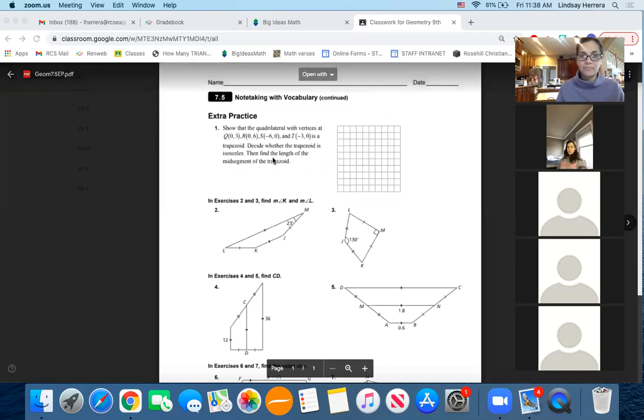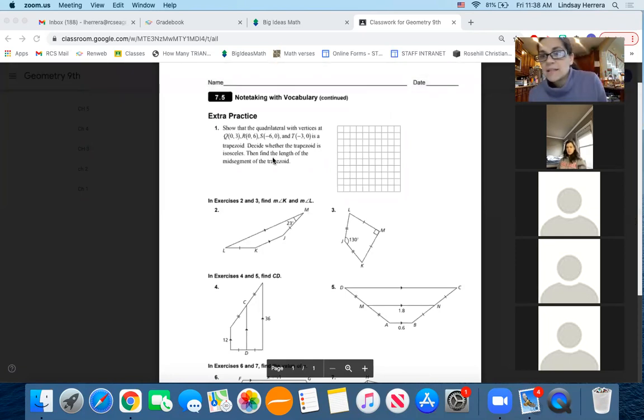Yeah. Okay, great. All right, so now let's look at number 2. Number 2 says in exercise 2 and 3, these are going to be way faster, by the way. Find the measure of angle K and the measure of angle L. Okay, so let's look at 2. We have parallel lines.